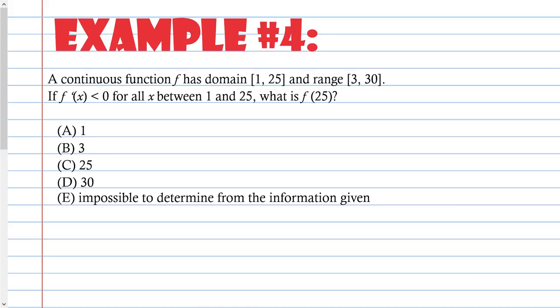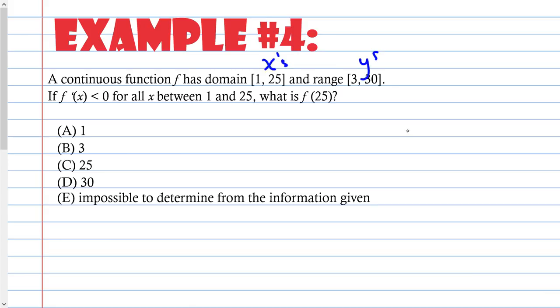Example 4. A continuous function f has a domain of 1 to 25 and range of 3 to 30. If f prime of x is less than 0 for all x between 1 and 25, what is f of 25? Okay, so this is a lot easier than you think. If you recall, domain is the x's, where the range is the y's.